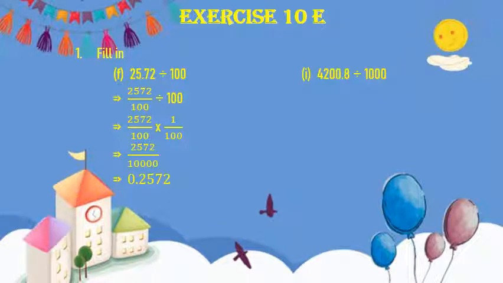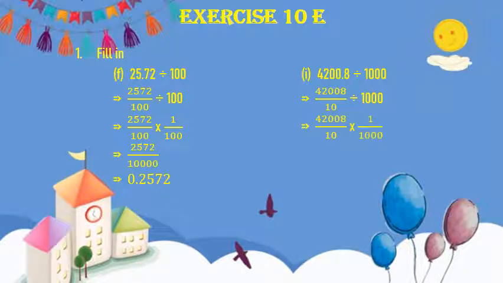Now let's do the next one, which is the I part of question number 1. Here we have to divide 4200.8 by 1000. So we can write 4200.8 as 42008 by 10 divided by 1000.